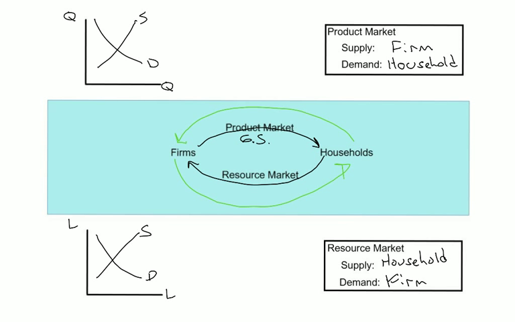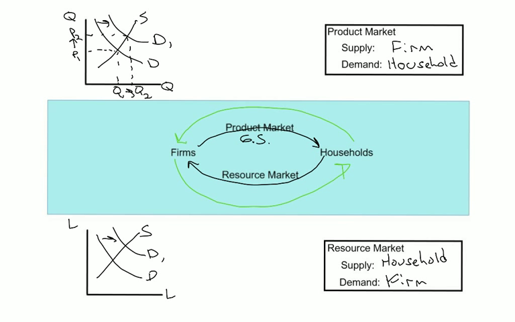The behavior of these markets are the same. If you have an increase in demand in this market, well, it would be the same as an increase in demand in the product market. So what would the results be? Well, in the product market, if demand goes up for our product, we know that the quantity is going to go up. And we also see that the price is going to go up.